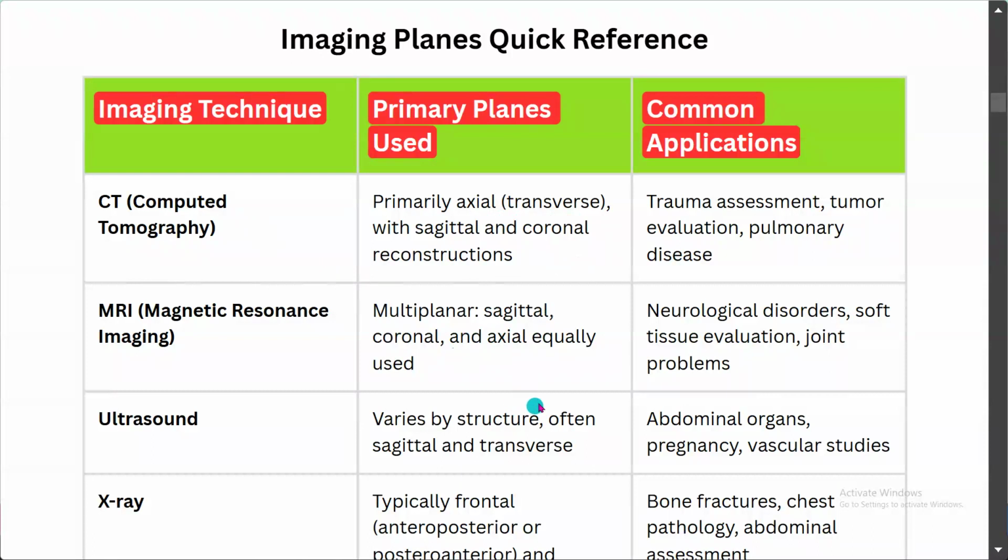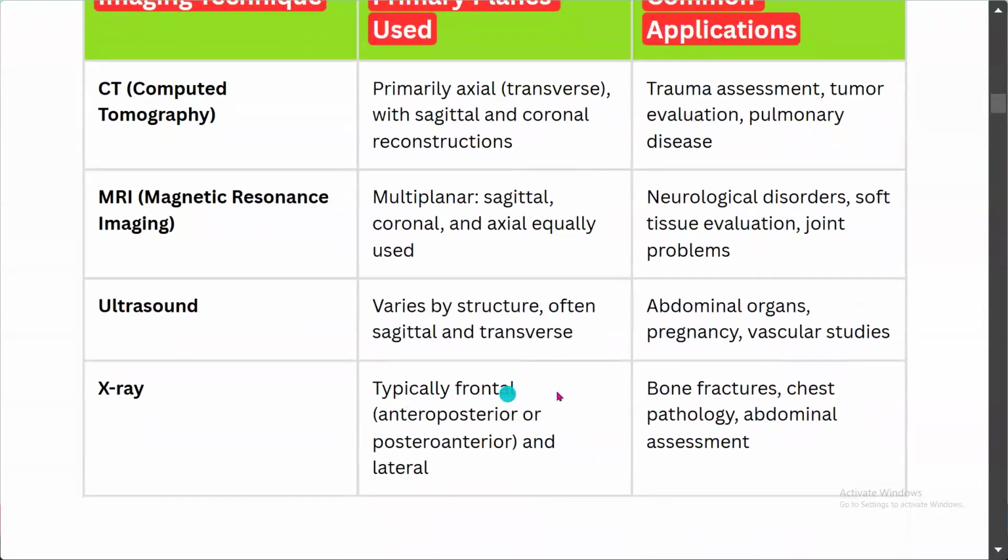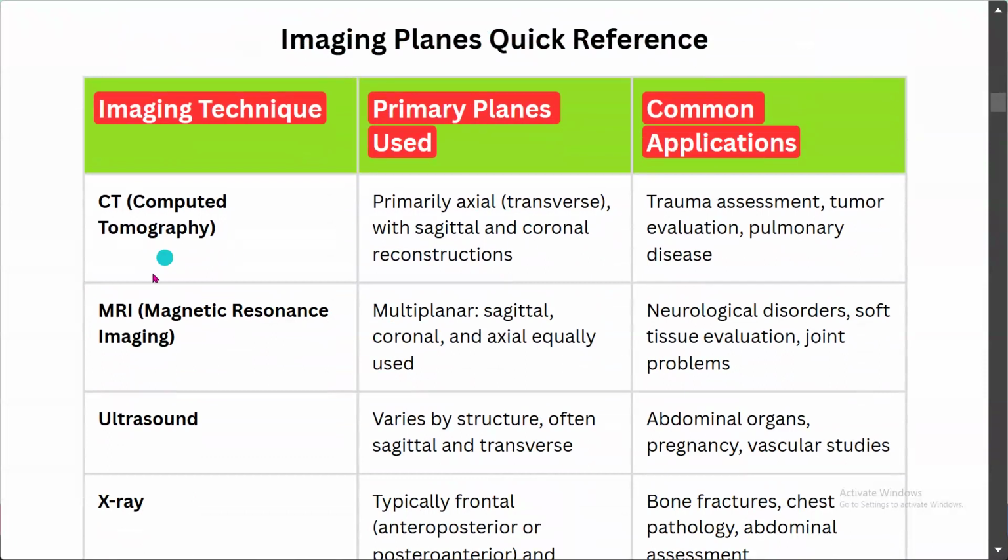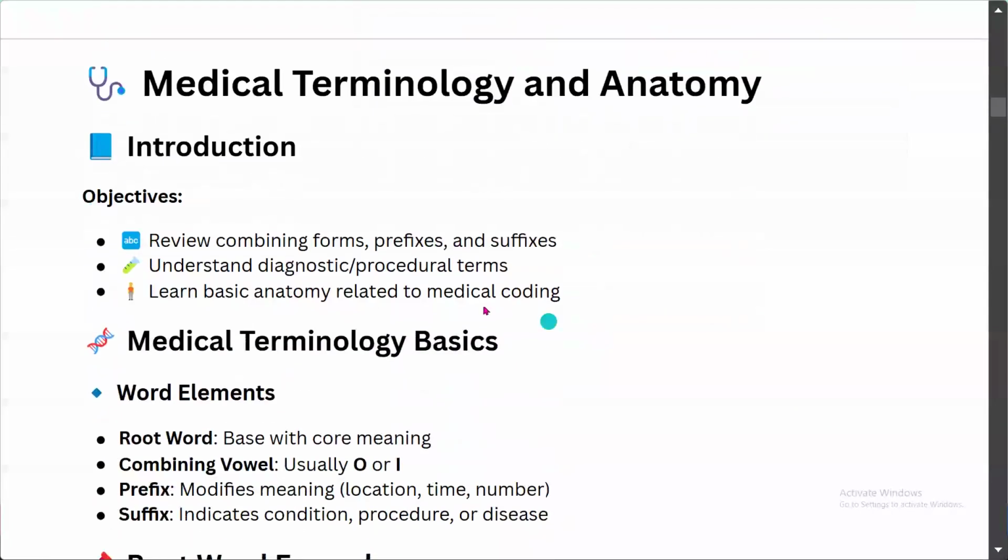Then sagittal, then coronal. These are the terms mostly used in imaging techniques like CT, MRI, ultrasound, X-ray. So when you understand the medical terms, then you will understand anatomy better.